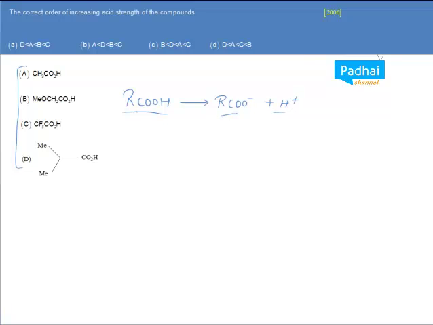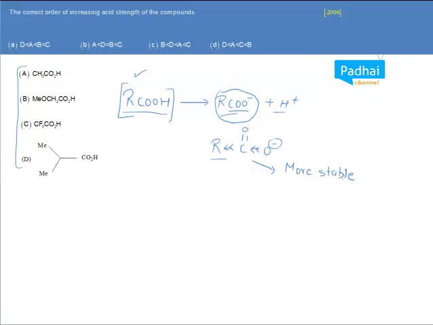these two are formed. Now, the acidity of this compound is determined by the stability of RCOO minus, right? That means the more stable this conjugate base will be, the more acidic will be this acid, right? So if this is the ion, and if R has an electron withdrawing nature, that means it withdraws the electrons, so negative charge will get reduced, which will make it more stable, right?